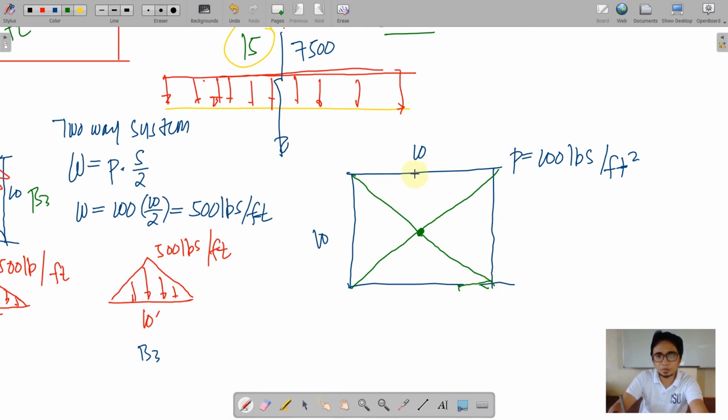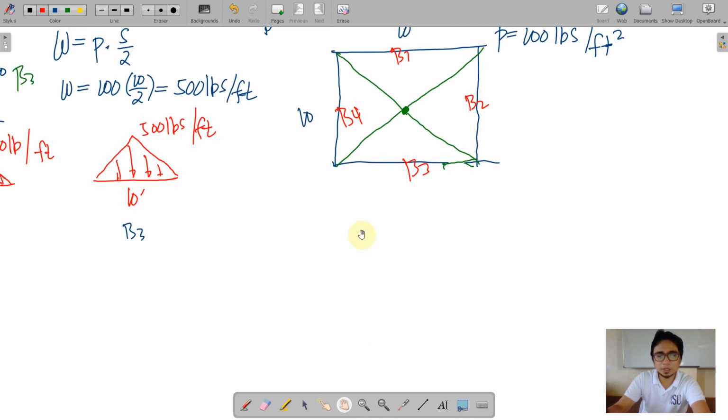So if this is labeled as B1, B2, B3, and B4, they have just equal distribution. And thus the beam looks like this with a triangular distribution having this as the peak value for W. So what was the shortcut version of W?